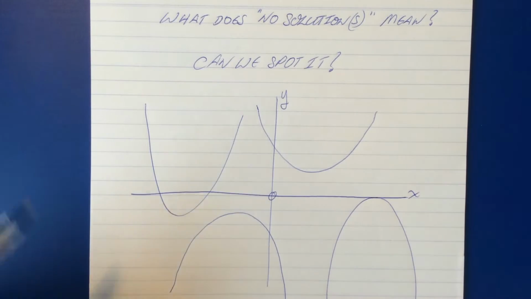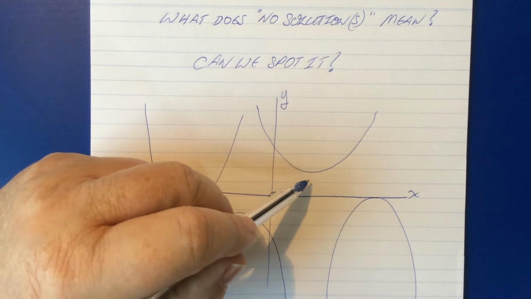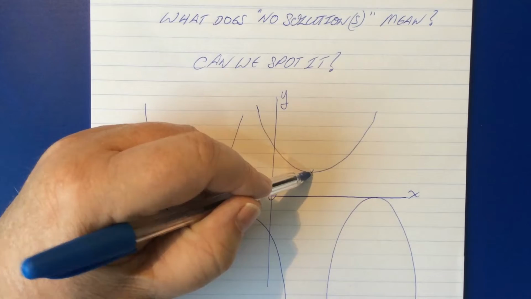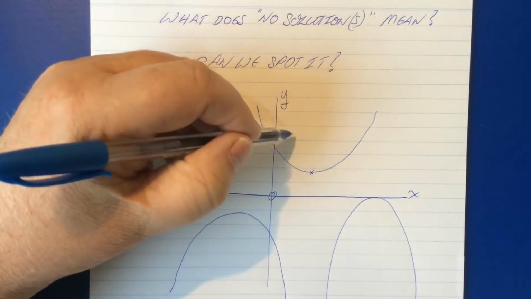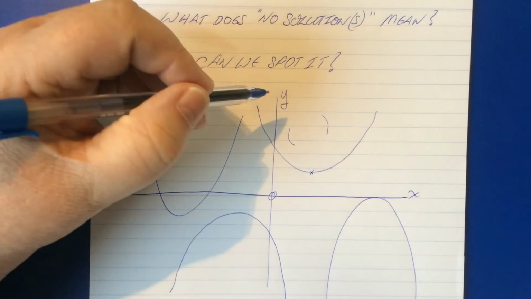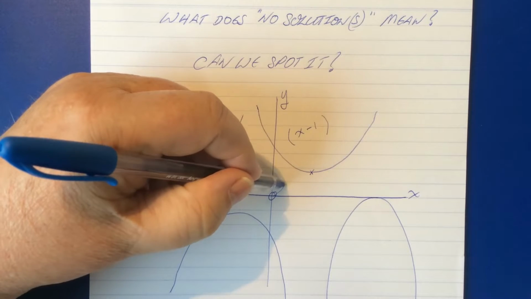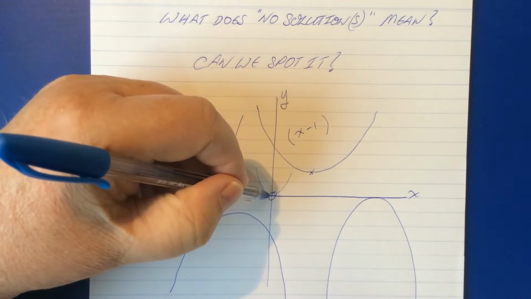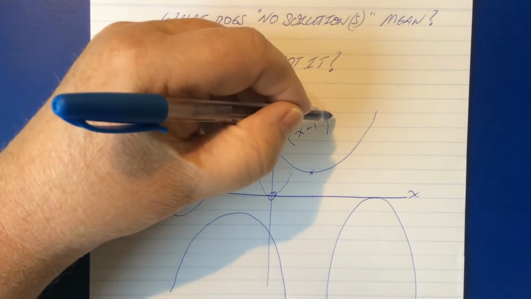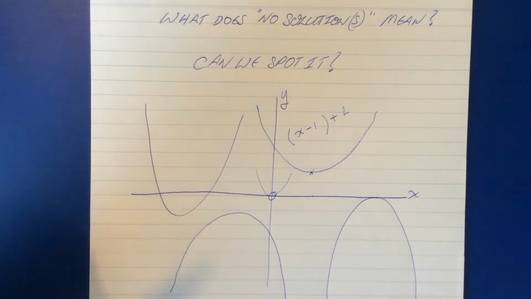And just to demonstrate that, let's have a look at this one. So let's say that we'll put this in turning point form. So this equation might look like this. Maybe something like x minus 1, which means that if we had a parabola here, it's been moved 1 unit to the right, and obviously this has been moved up, so we'll move it up, shall we say 2.